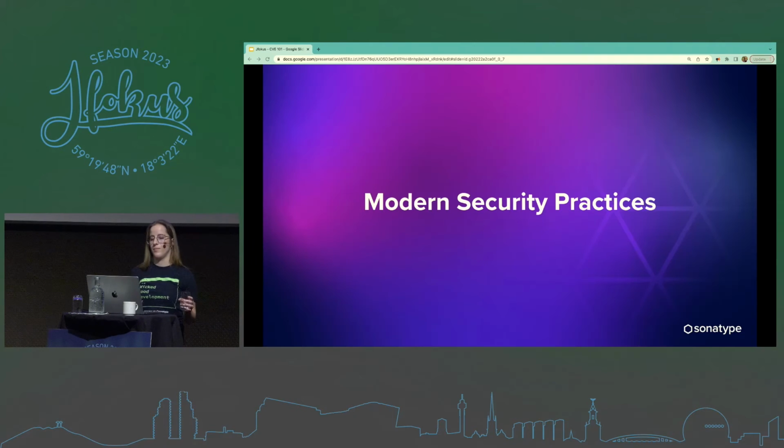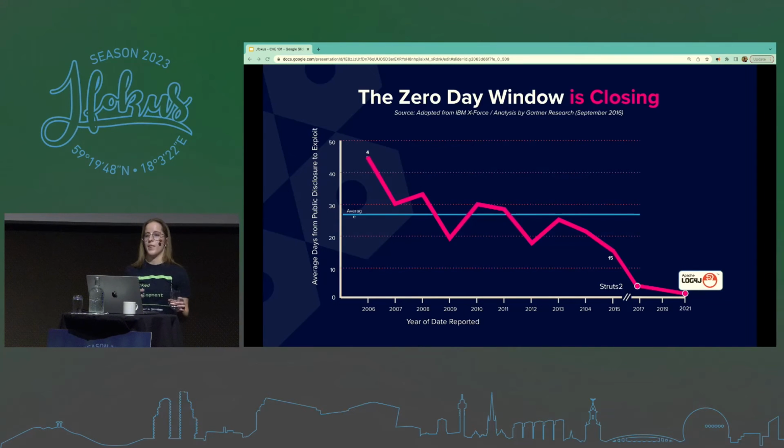And so that brings me into the next section of this presentation, which is how to think about this in a little bit more of a modern way. So one of the issues with the process of a CVE coming out and fixing it is that the time available to fix it is typically a lot shorter than it used to be 10, 15 years ago.